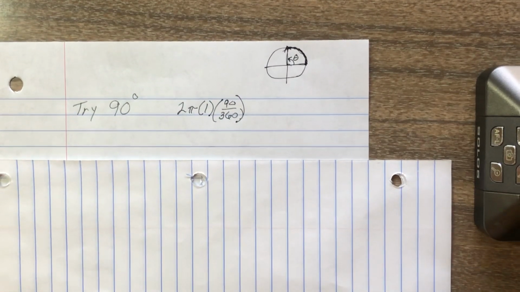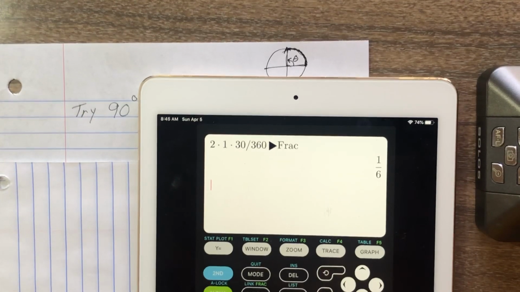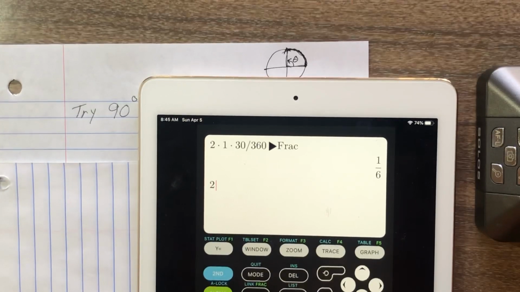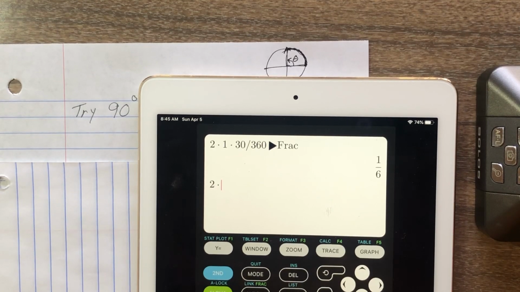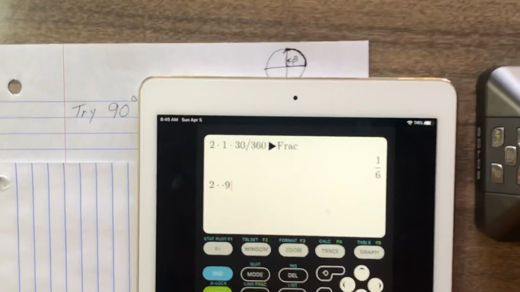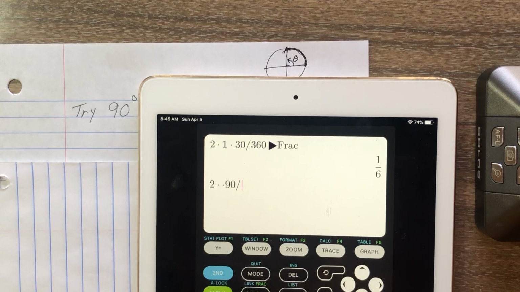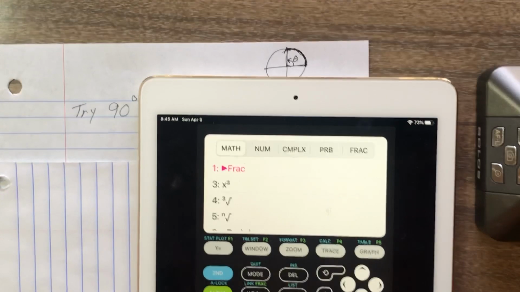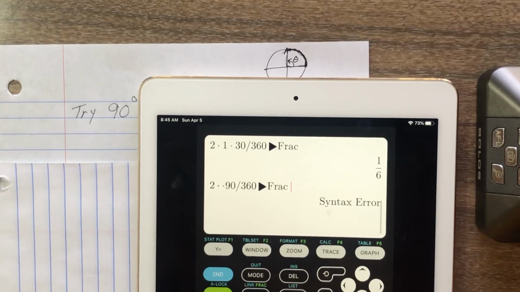So again, you should be able to do this in your head, but let's just do it this way. 2 times 1, well, I'm not even going to multiply by 1 this time because we know what that's going to do, times 90 divided by 360, turn that into a fraction.